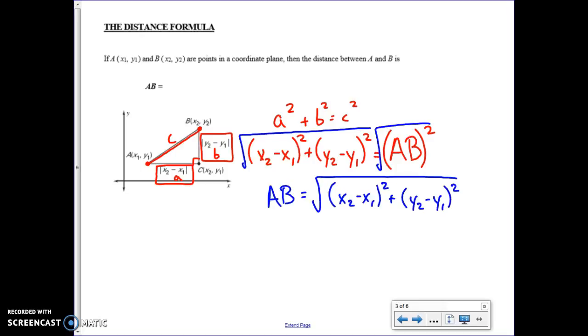And you'll want to write that up here, your formula for your distance. Big square root x2 minus x1, quantity squared, plus y2 minus y1, quantity squared. That's your distance formula. It's something you need to have memorized.